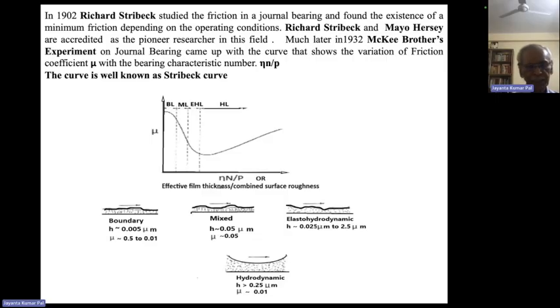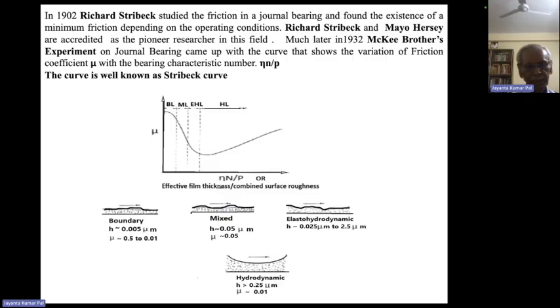That means surfaces are close and may be almost touching, and some parts are lubricated, almost as hydrodynamic lubrication. So this is why it is called mixed lubrication. It could be either boundary or hydrodynamic lubrication.